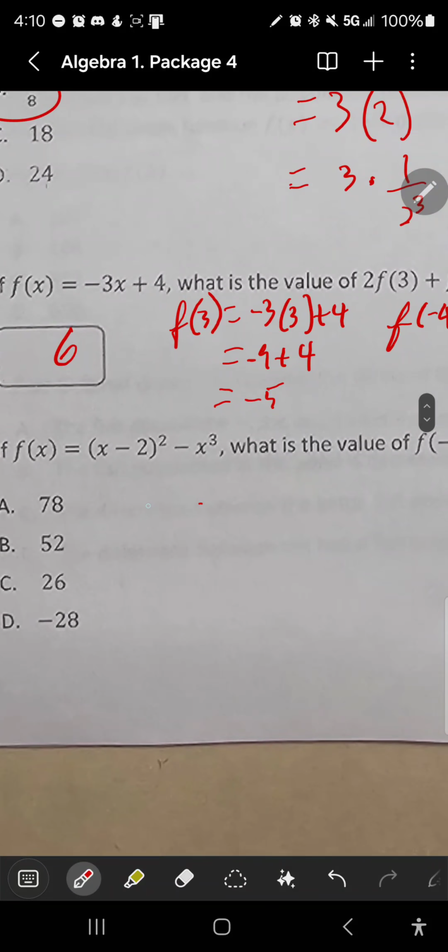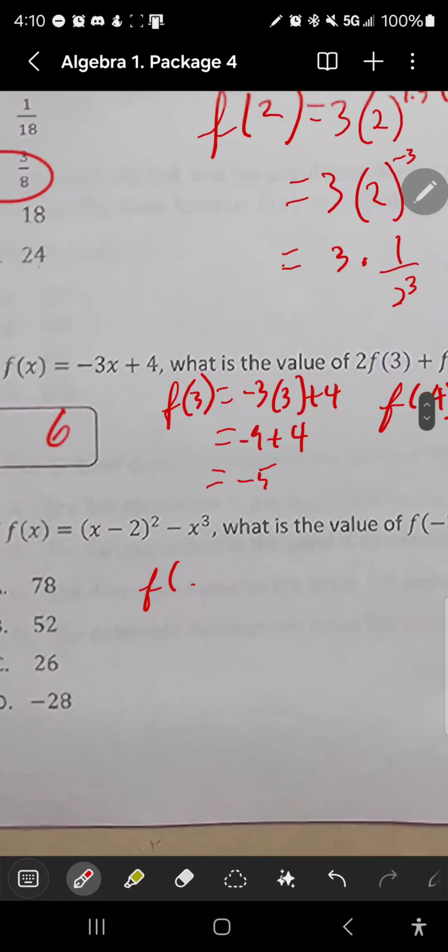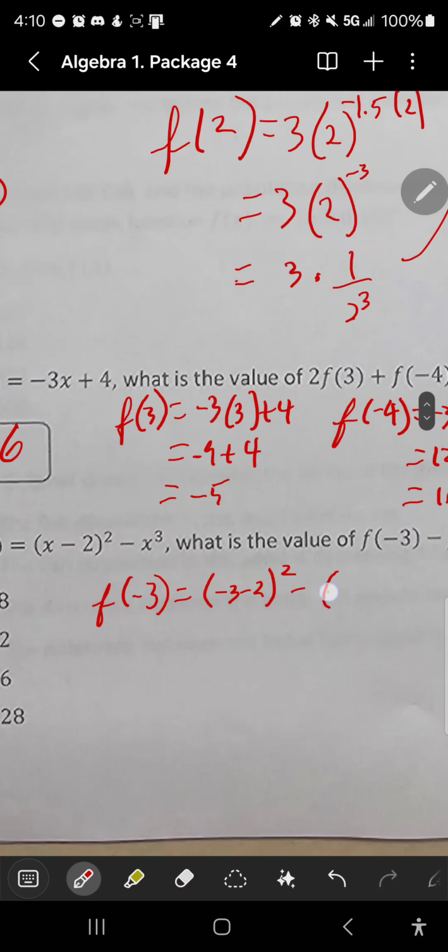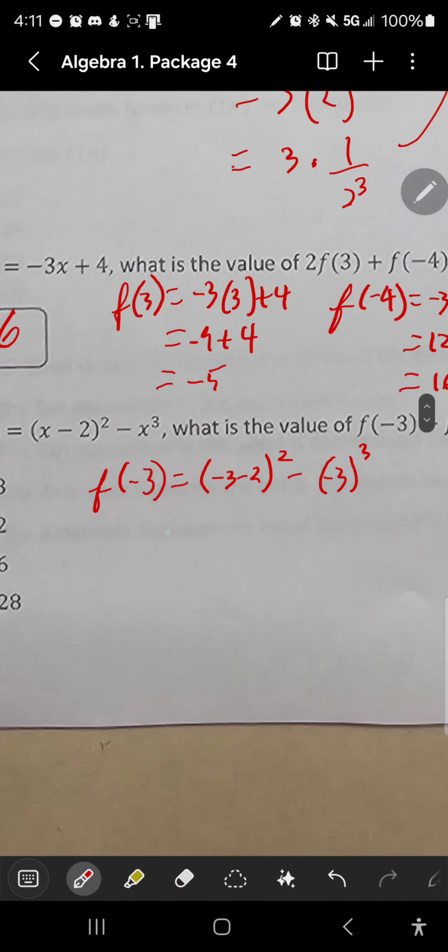Okay, now let's see this last one. Let's do first f(-3), right? So this will be negative 3 minus 2, squared, minus negative 3 to the third. Negative 3 minus 2 is negative 5. So this is negative 5 squared. We add them and keep the sign because they have the same sign. And then minus negative 3 to the cube is negative 27.